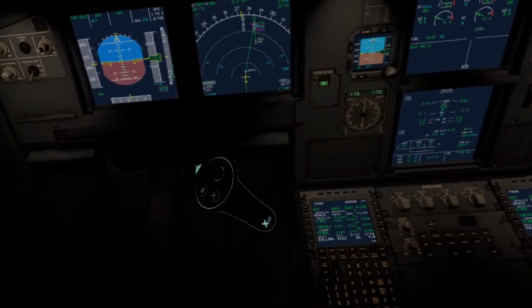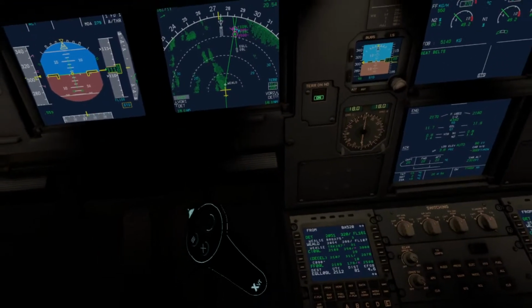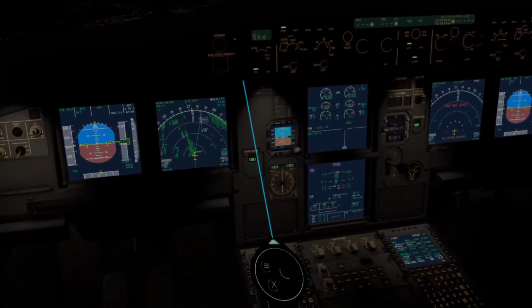Now it says that we're gonna cross the airport. Okay, let's get configuration set, I think, very soon.